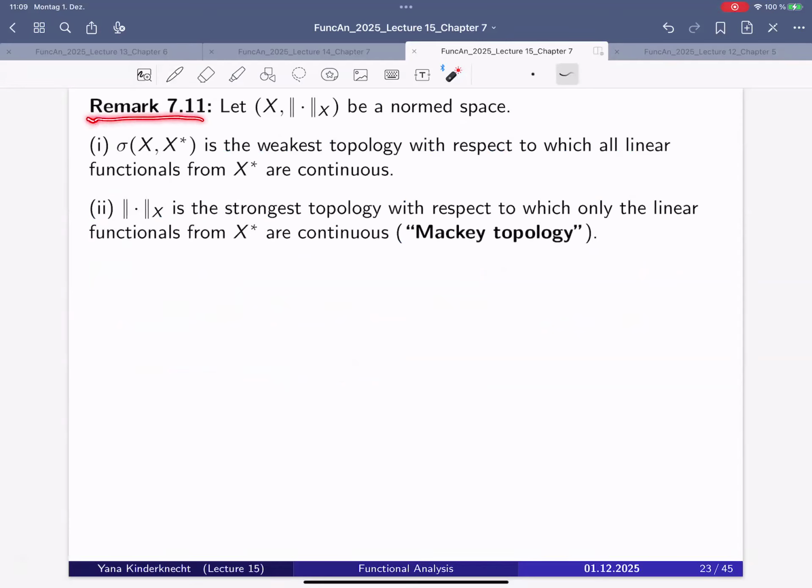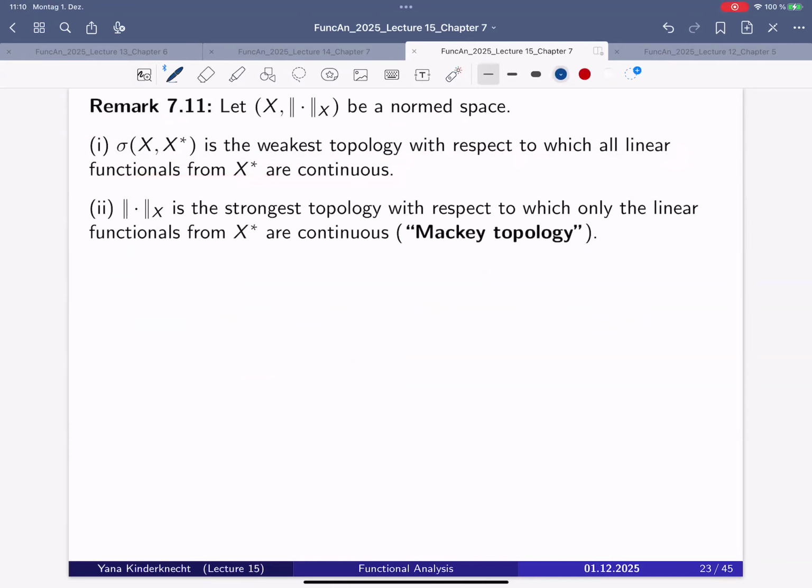Remark. Let X be a norm space. First statement: this sigma(X, X star), which is called the weak topology, is the weakest topology with respect to which all linear functionals from X star are continuous.